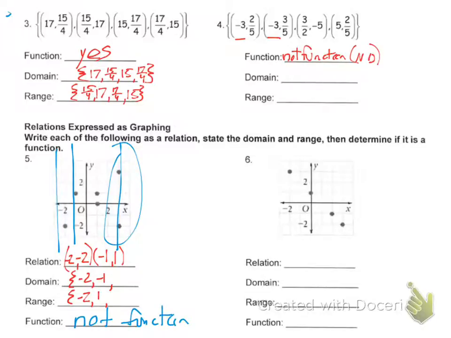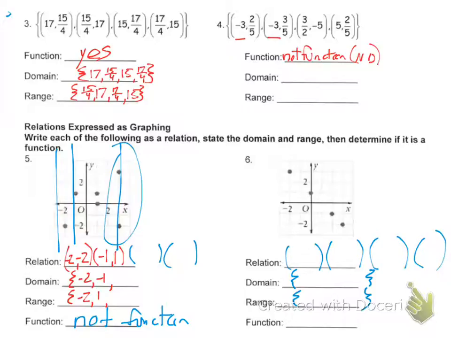Keep listing your set of points. List them all. Again, I think you guys can handle that part and the writing of the domain and range because it's just your x and y values. In number 6, there's only 4 points. So you would list all 4 points. You would use set notation for your domain and range.